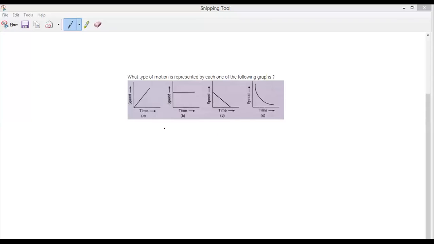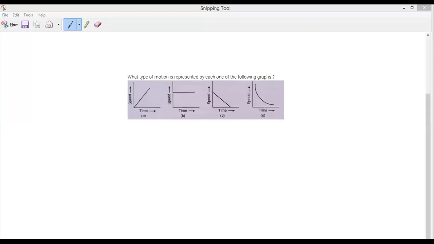Okay. So now let us go for the next question. Let us see who will say. Next question. You should say the type of motion it is.